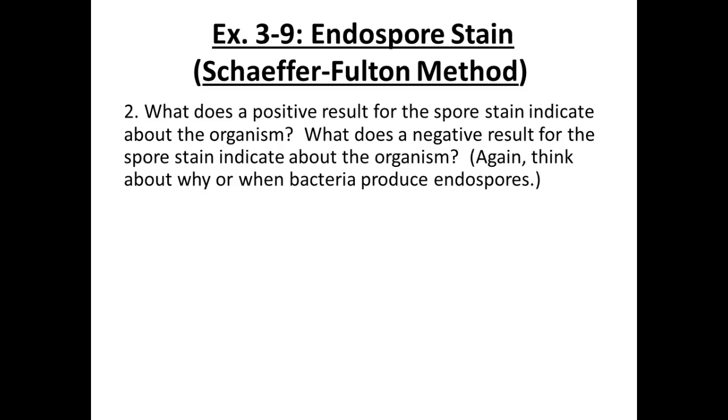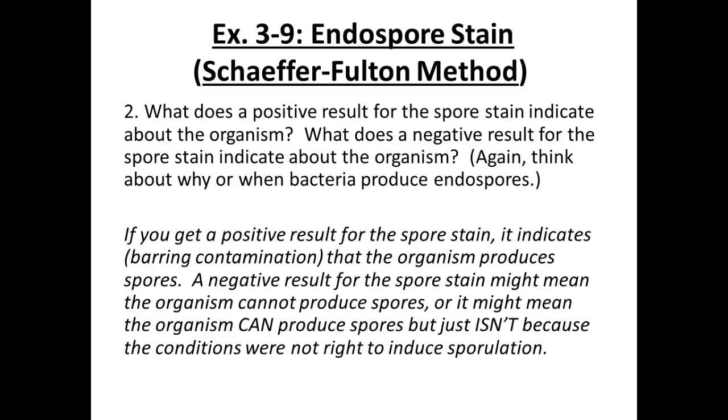Now, if you see the cells and no spores, a negative result might not mean that they're not an endospore former. It might mean they just haven't formed it because conditions weren't poor or harsh enough.